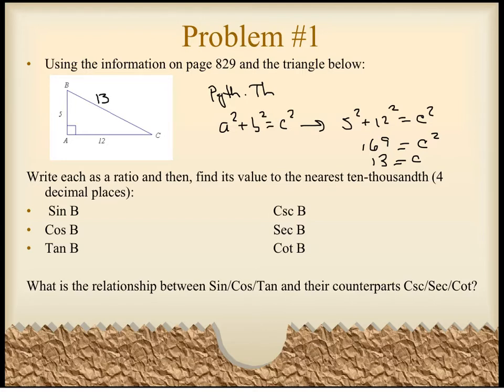And so now what we're going to do is we're just going to write each ratio and then find its nearest value to the 10,000ths, which is 4 decimal places. So you have to be careful with rounding when I ask you to round. So these guys on the right here, we're going to talk about these in a second, but really sine is equal to opposite over hypotenuse.